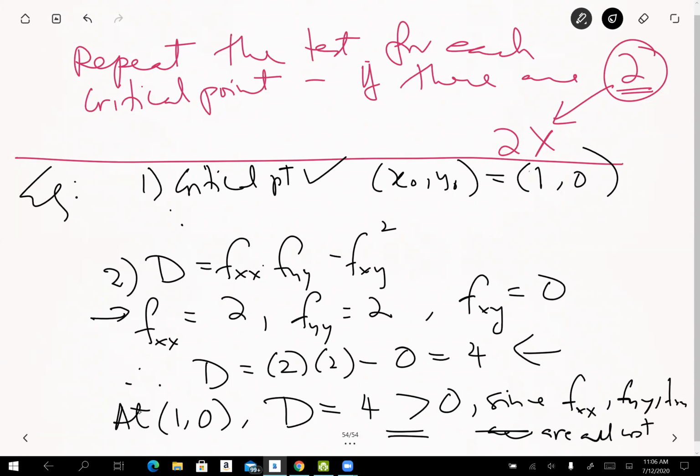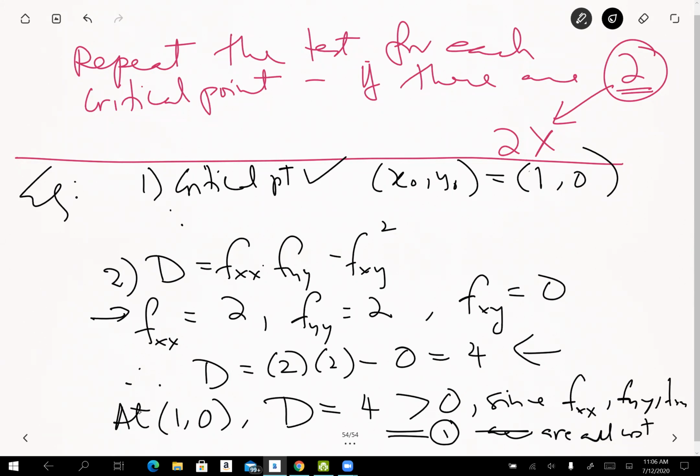Now, if it is bigger than 0, do we have a maximum or minimum? We do. That is the first condition, D positive. And then you have to look at whether fxx, fyy are both positive or negative.